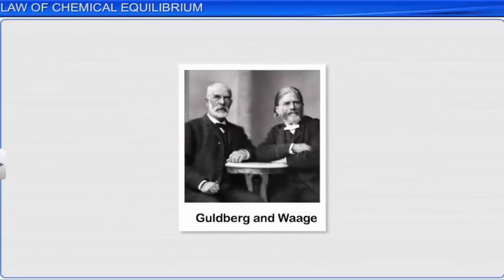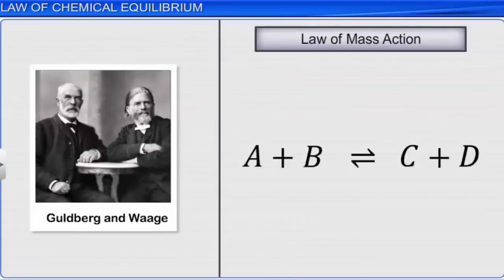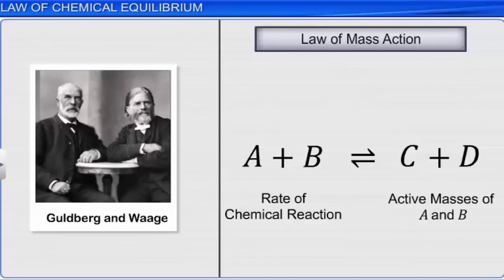In 1864, on the basis of experimental studies of many reversible reactions, two Norwegian chemists, Gullberg and Waage, established a relationship between the rate of chemical reaction and the concentration of the reactants and formulated the law of mass action.